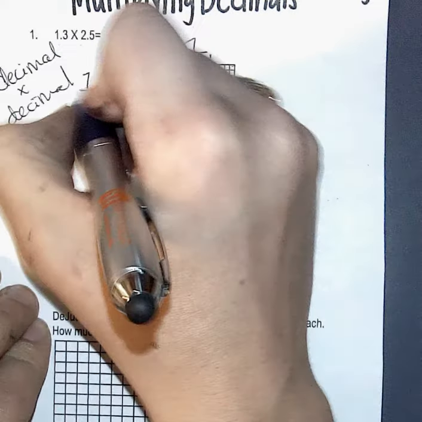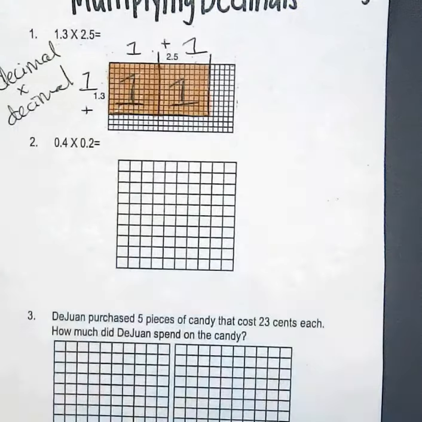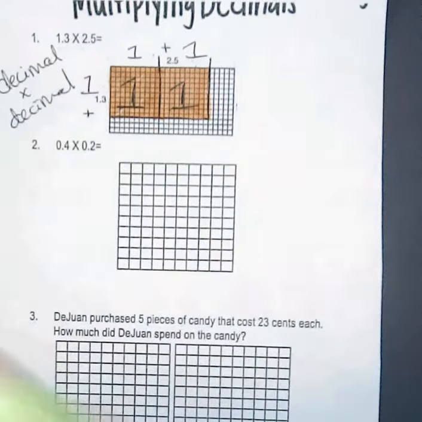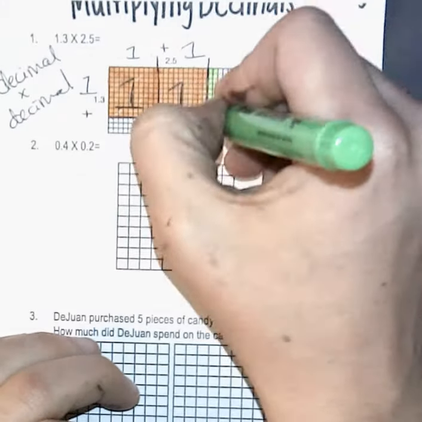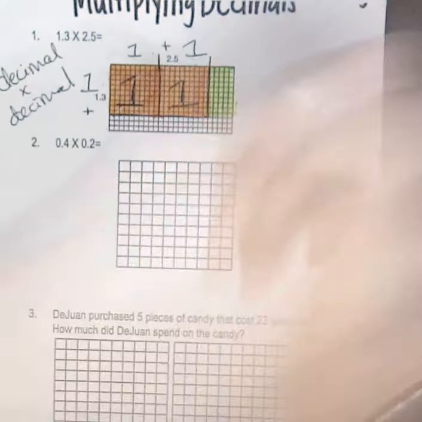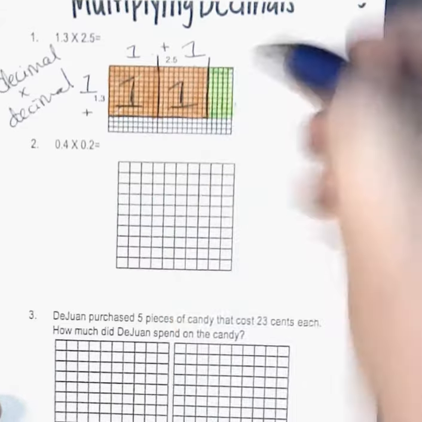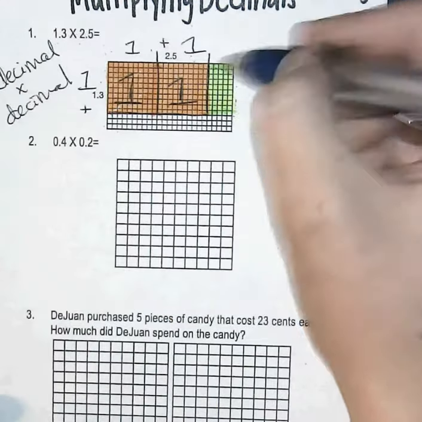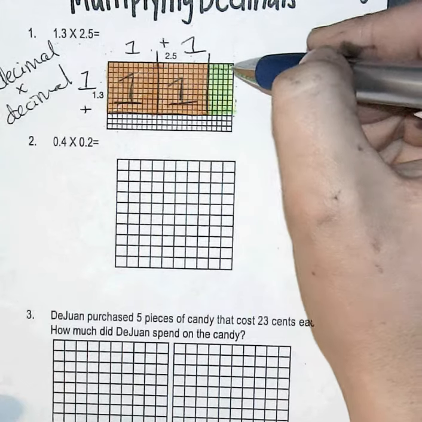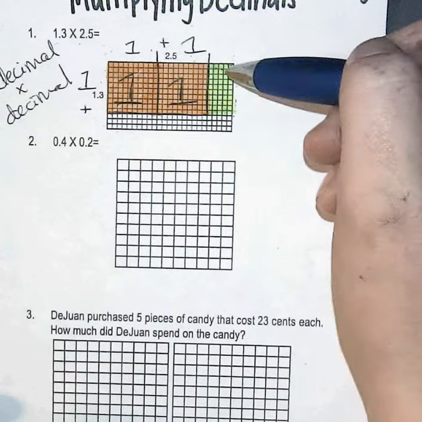Then if you think about it, going down, we have 1 plus something else that's down here. So take a different color, if you have it. I'm going to do green, and I'm going to identify this part. Count how many over I have: 1, 2, 3, 4, 5. 5 going across and 10 down. If 5 goes across and 10 goes down, that block is equal to 50 blocks, 50 hundredths.